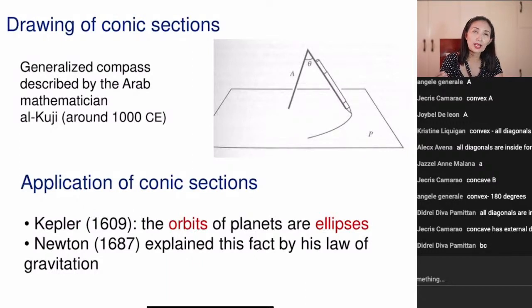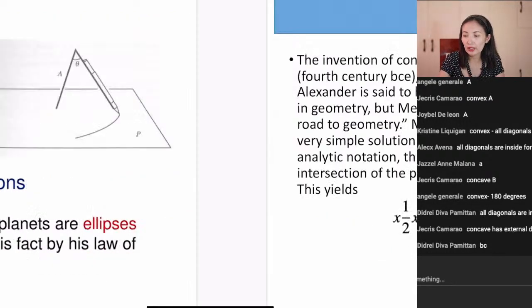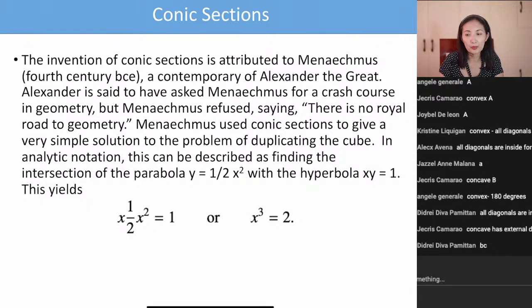Yes, the planets are moving around in elliptical orbits. Orbits of the planets are elliptical. Furthermore, Newton also explained this fact by his law of gravitation. So conic sections are inventions of Menaechmus once again.